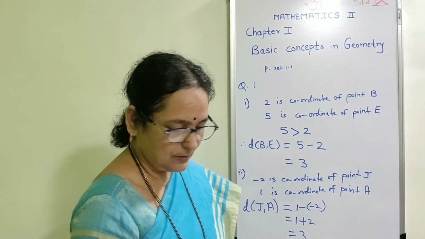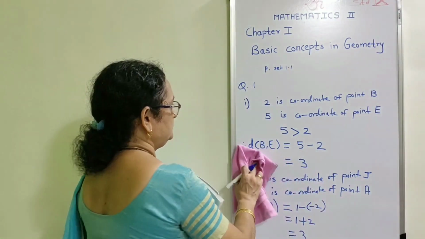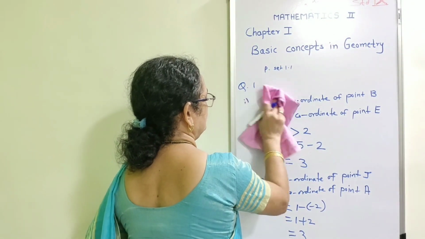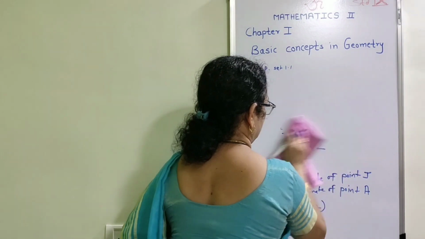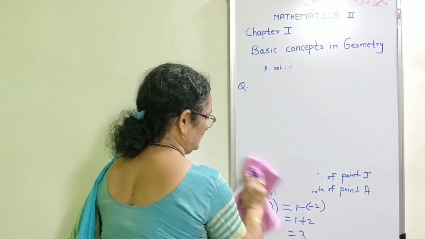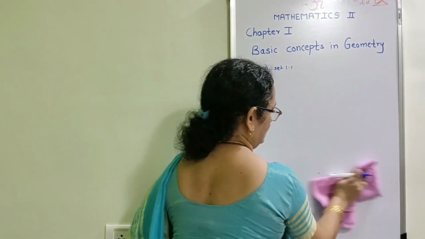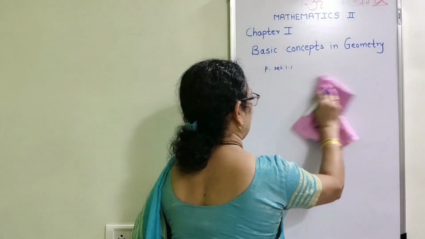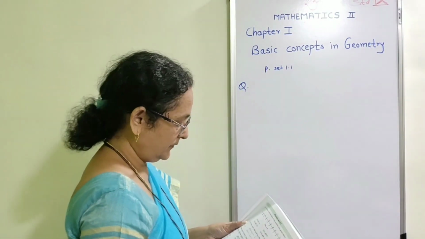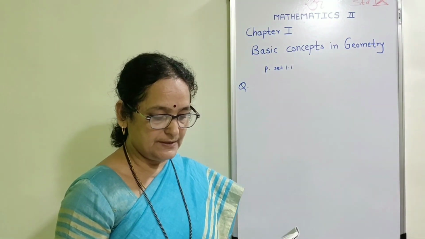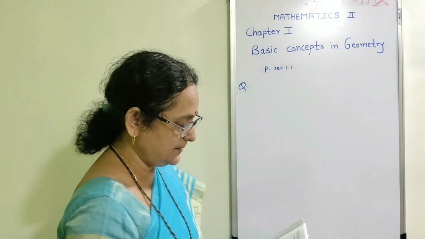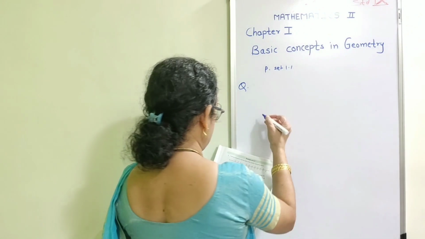Now we are going to solve question number 2. If the coordinate of A is x and that of B is y, then find distance AB. Coordinate of A is x.